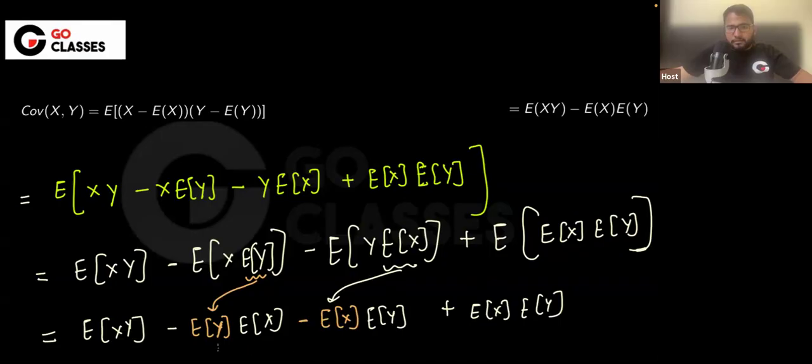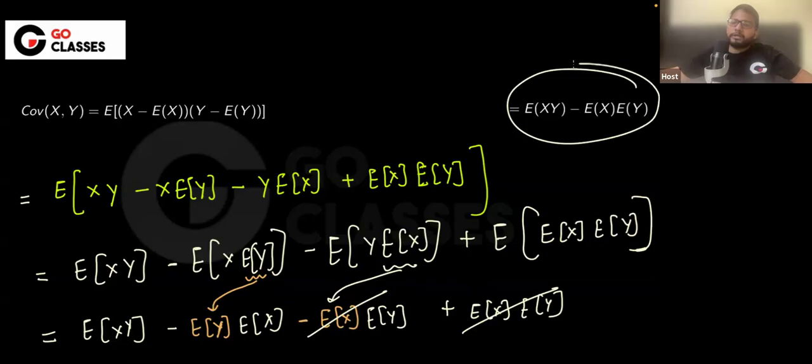One of these will get cancelled out with this, and this is just expectation of x into expectation of y, and this is the quantity that we were aiming for. Understood? Okay, great.